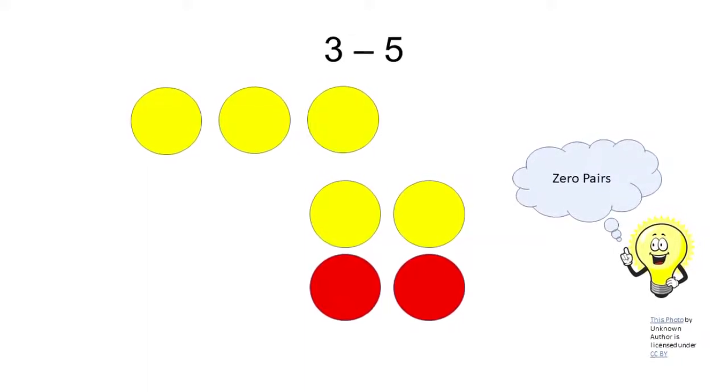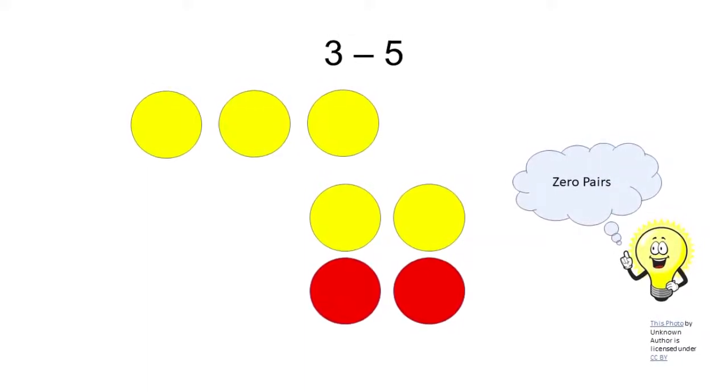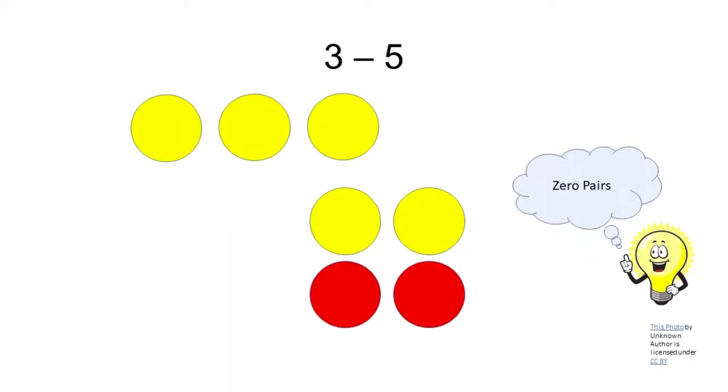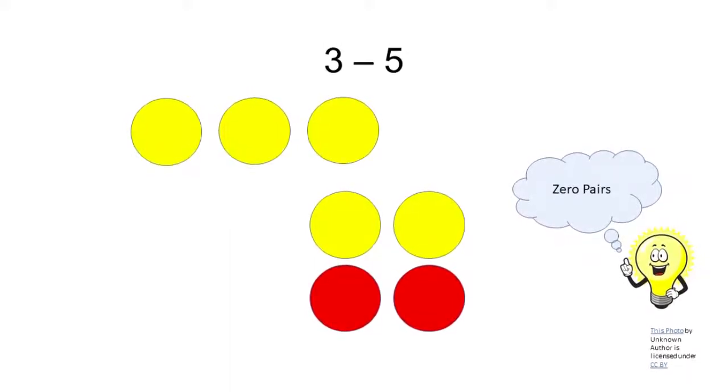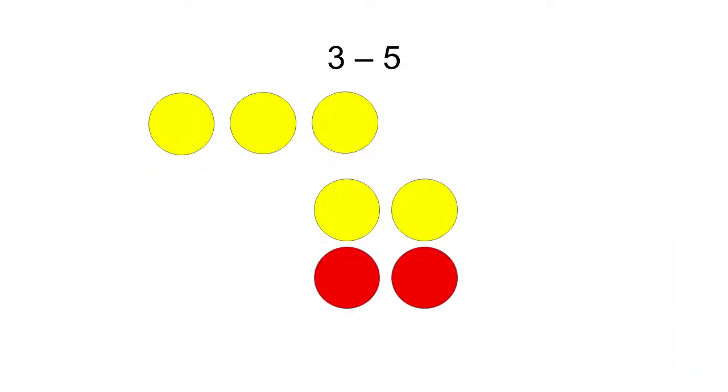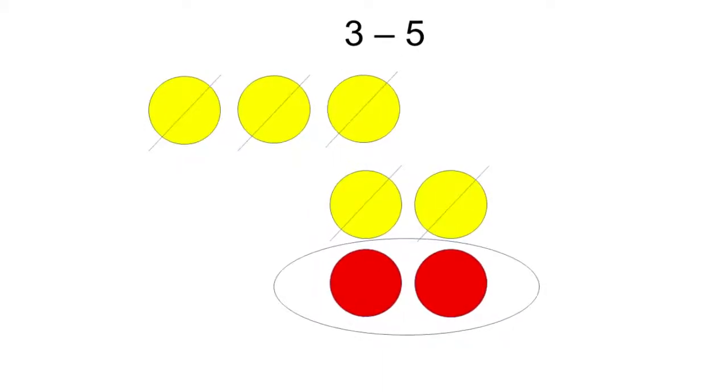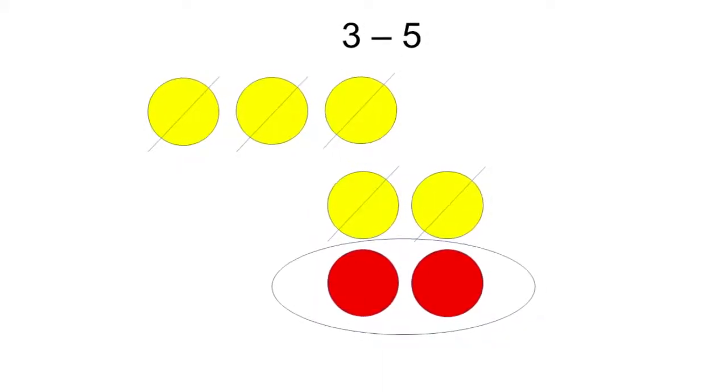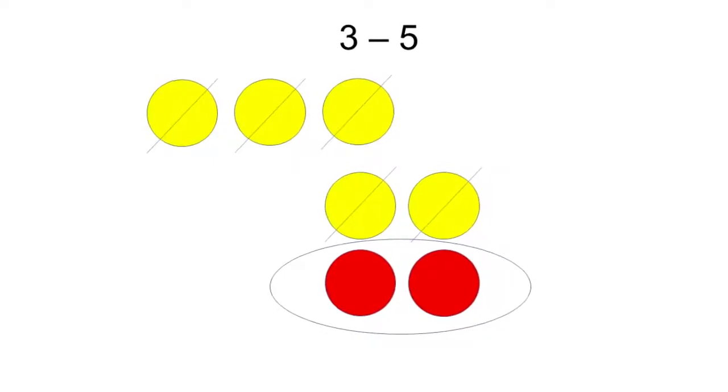In order to be able to take 5 positive away, we have to add 2 zero pairs to the board. I didn't add any value to the board, so we have no value added to the board, but once I do add those zero pairs, I can now take 5 yellows away, which is what the problem is wanting us to accomplish.